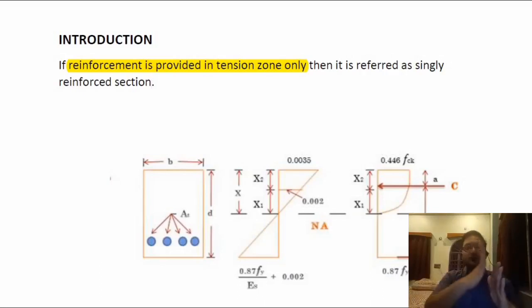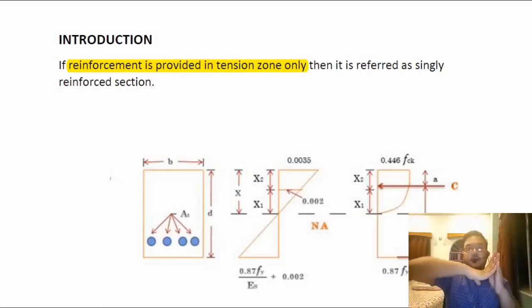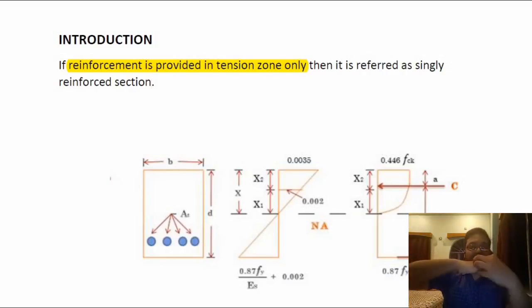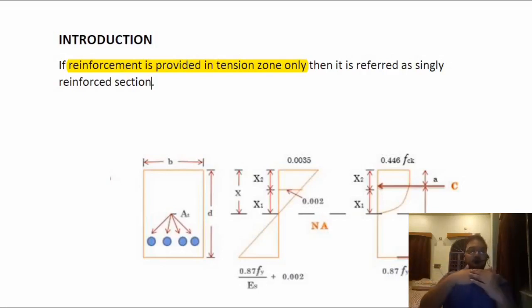Simply try to bend your finger like this, your palm like this, and you will see that the top part of the skin gets pressed and the bottom part is stretched out. Similarly for a beam, the top part is the compression zone and the bottom part is the tension zone.